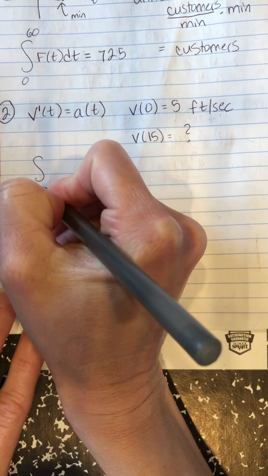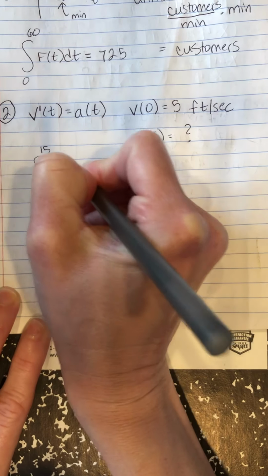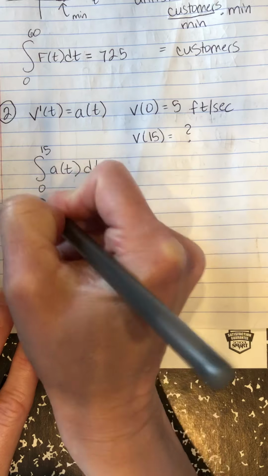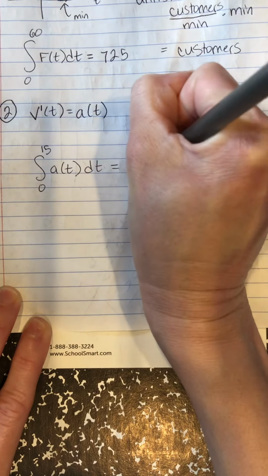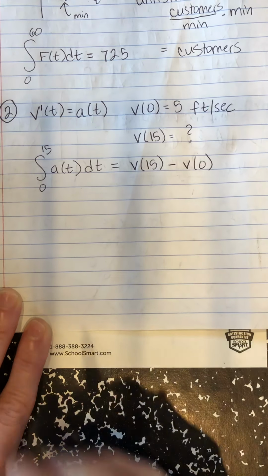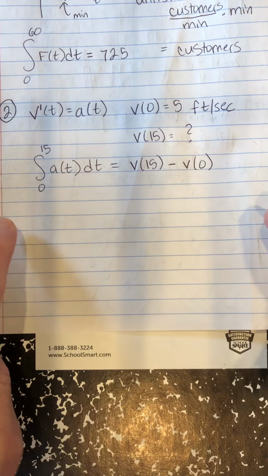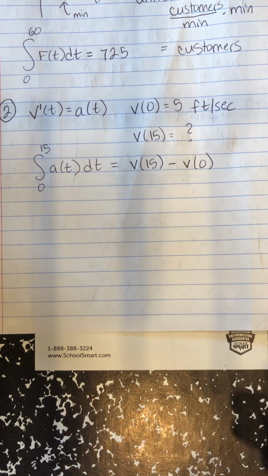So if I integrate the acceleration from 0 to 15, that would equal the velocity at 15 minus the velocity at 0. That is an equation that relates the concepts that are outlined for me in this problem.